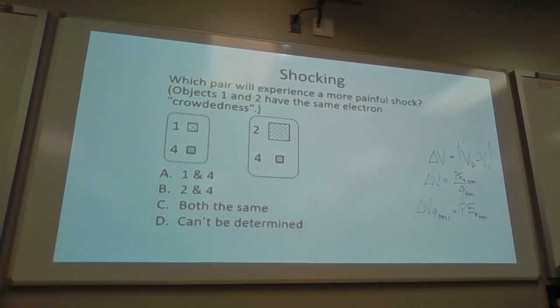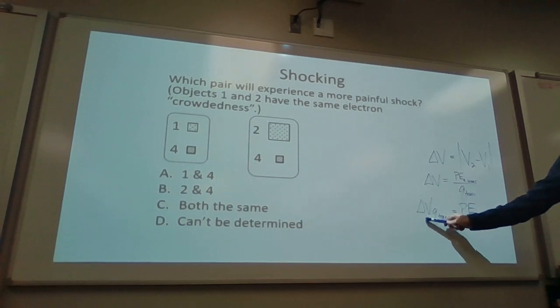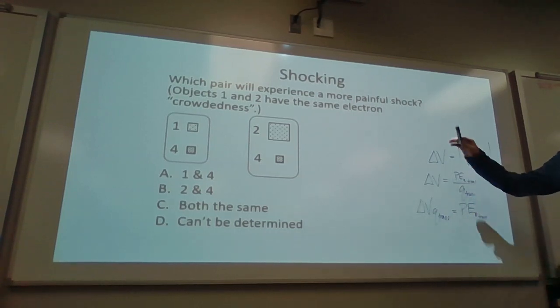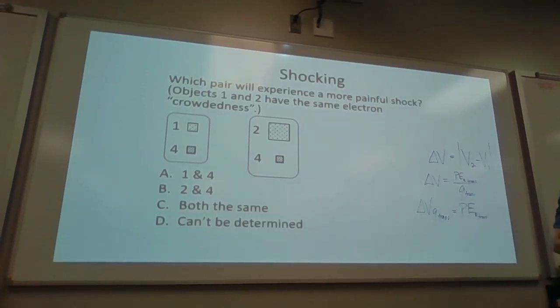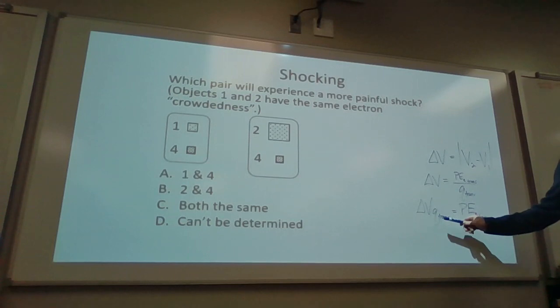All right. What do you think? Okay. How does their electric potential difference compare? The same. The same difference in crowdedness. Okay. Which one's going to transfer more electrons?